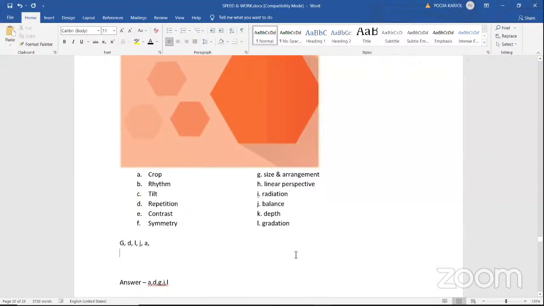Ma'am, contrast can be between two and three colors also. Not only two colors. Like black and white, and if there is a yellow also, then it will also be a contrast, like black and yellow and white.